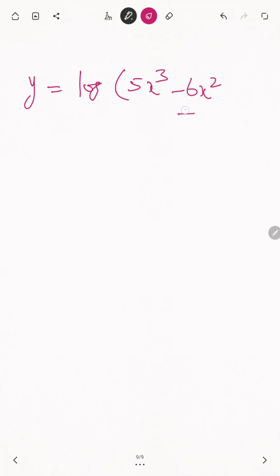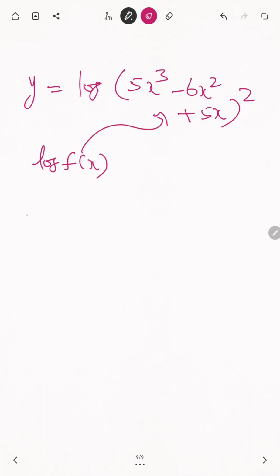Again, y is equal to log of 5x cube minus 6x square plus 5x whole square. Now you write log of f of x. Now f of x is what?